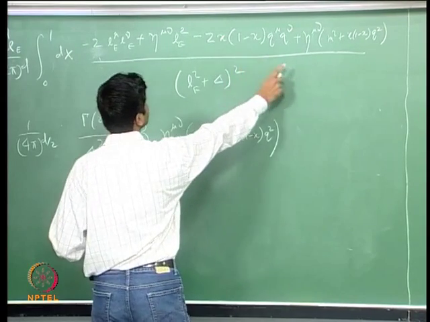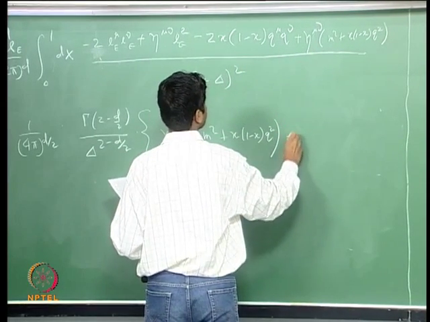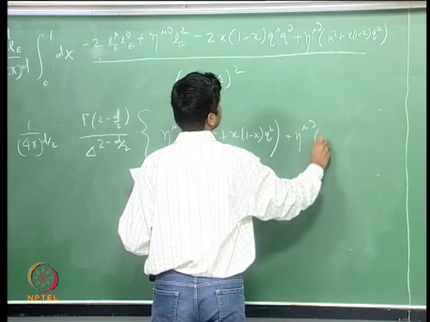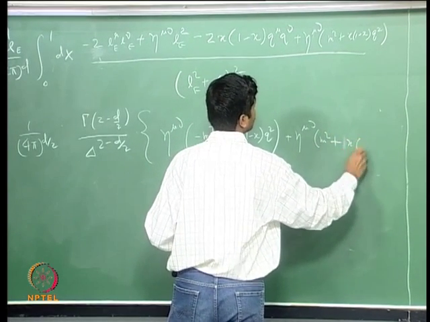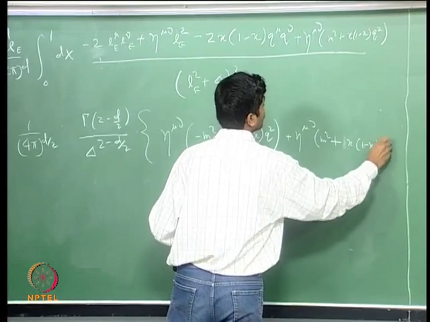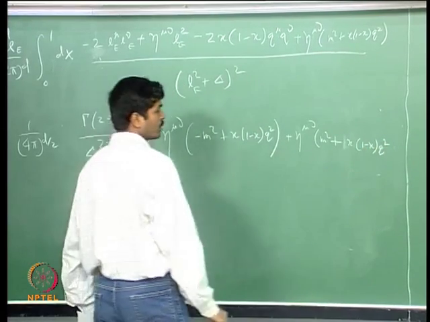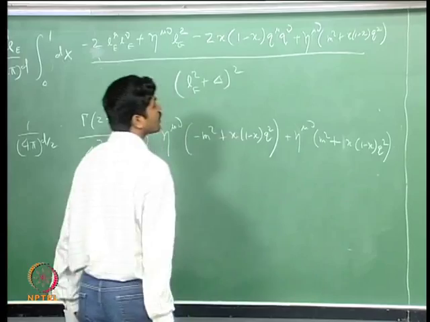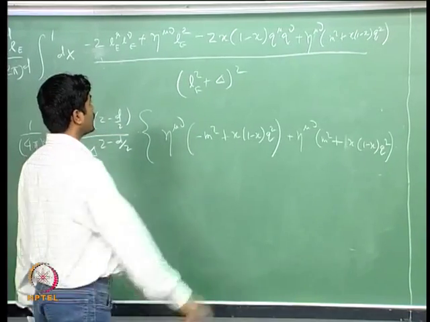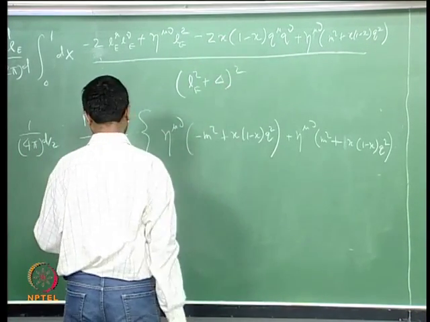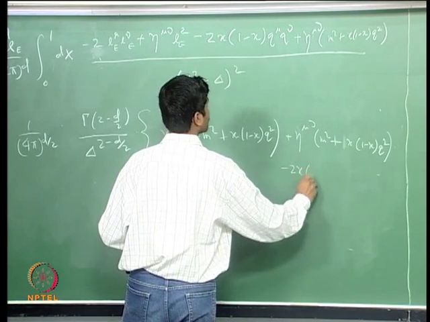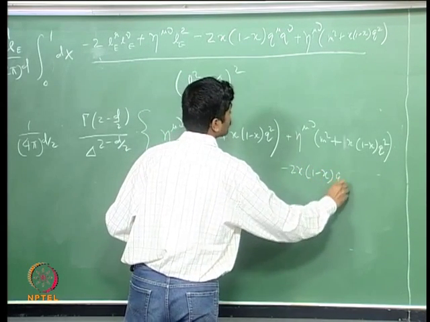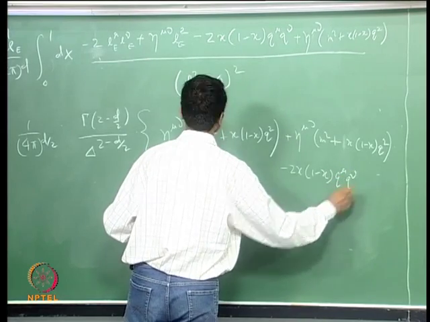And this term here plus eta mu nu m square plus x into 1 minus x q square, and finally you have minus 2 x 1 minus x q mu q nu.